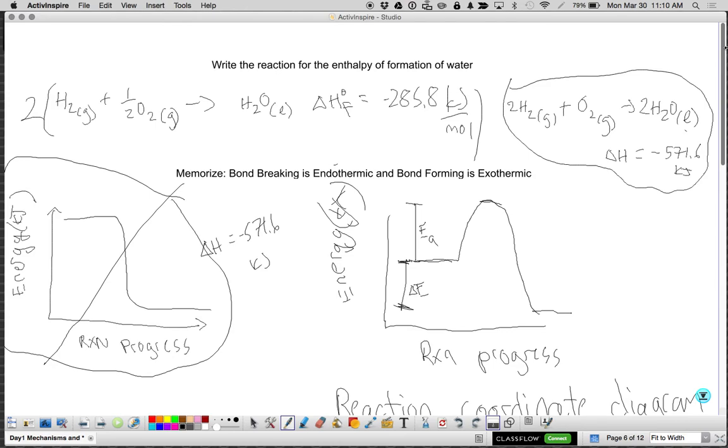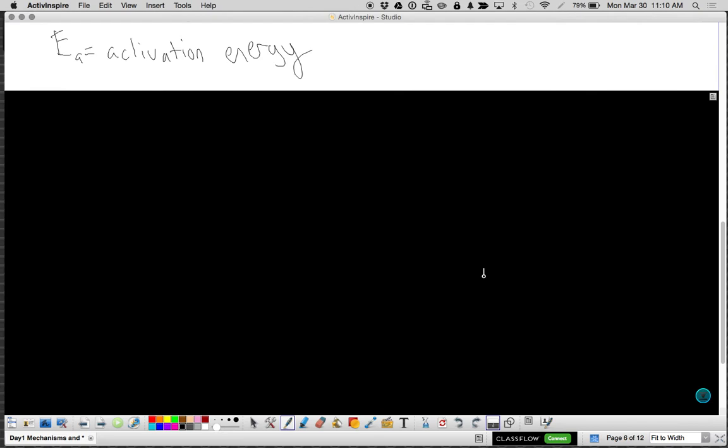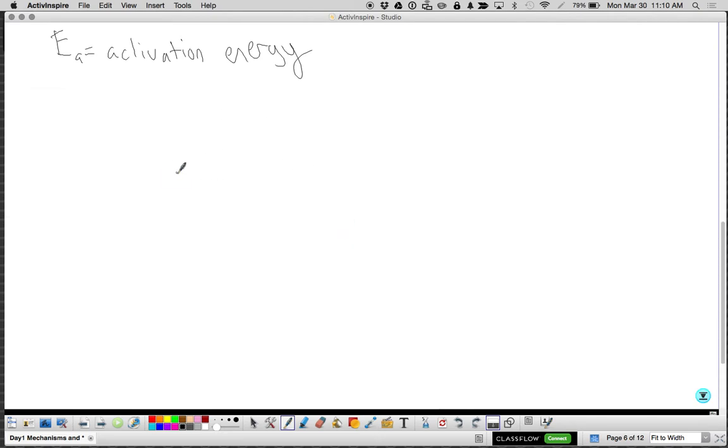So if we assume that this process all happens in one step, what would that look like? I've got two hydrogens and one oxygen. And this is, of course, super unlikely. This hydrogen's coming this way, this hydrogen's coming this way. They're both going to collide with that oxygen at the same time.